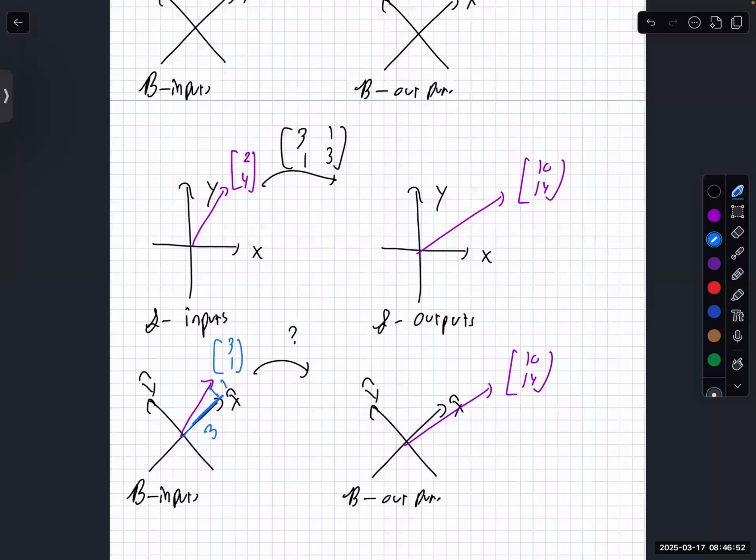Yeah, the calculation went off a little bit here. 2, 4. Yeah, it should be close. 2, 4 is, yeah.